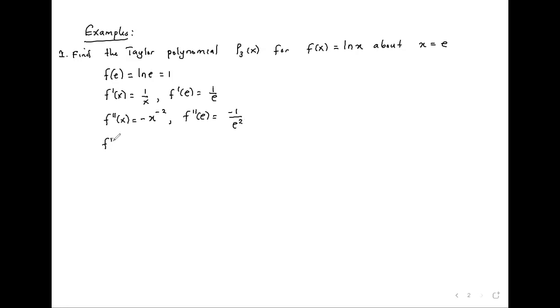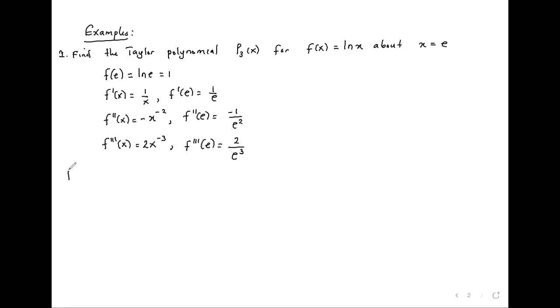The third derivative is going to be negative negative, that is positive 2x to the power negative 3. So when you do f triple prime of e, we substitute, this is 2 over e cubed. So we have all the needed things.